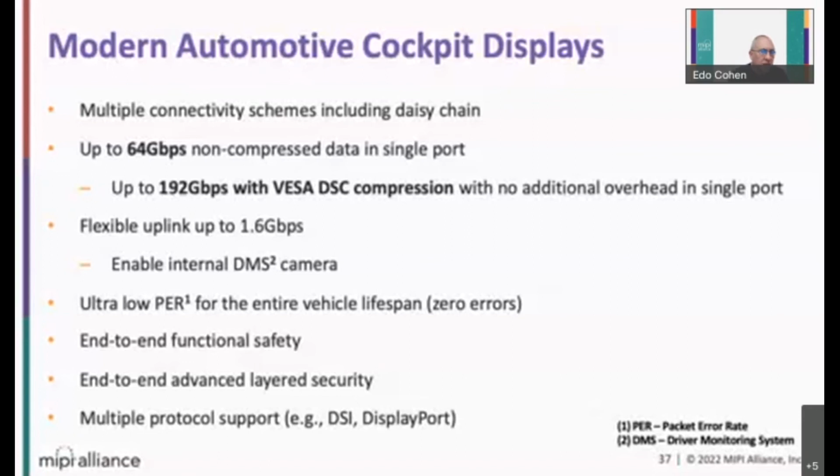So having an uplink of this kind will enable you, on the same cable, to also support the internal DMS camera. As mentioned, there is a very low packet error rate for the vehicle lifespan, taking into account the aging and stress that is expected.